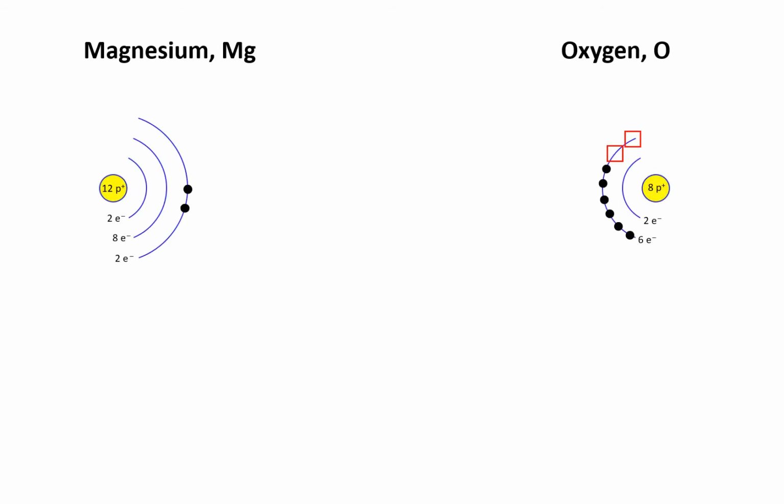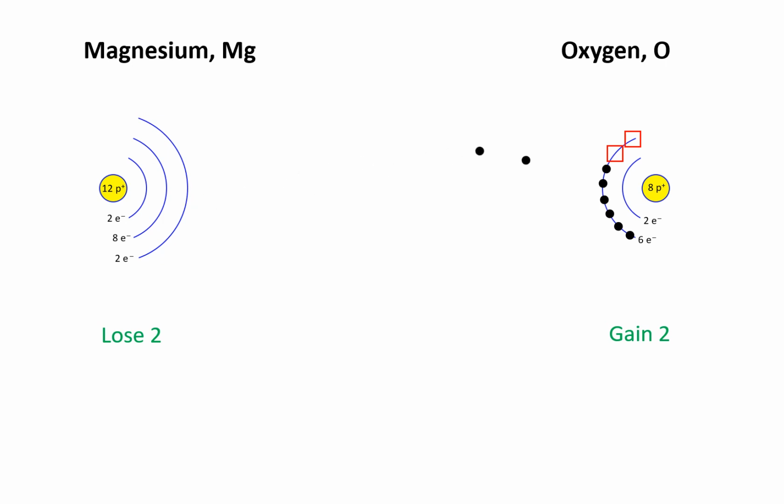You started out by drawing the simplified atomic model for both elements. Magnesium in group 2 is shown with 2 valence electrons, and oxygen in group 6 is shown with 6 valence electrons. To gain stability, the valence shell of magnesium will lose 2 electrons, and the valence shell of oxygen will gain 2.